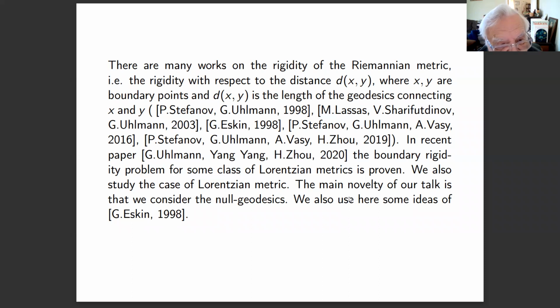In a more recent paper, Uhlmann, Yang, and Zou 2020, the boundary rigidity problem for some class of Lorentzian metrics is proved. We also study the case of Lorentzian metrics. The main difference of our talk is that we consider null geodesics. We also use here some ideas from the work of Eskin 1998.